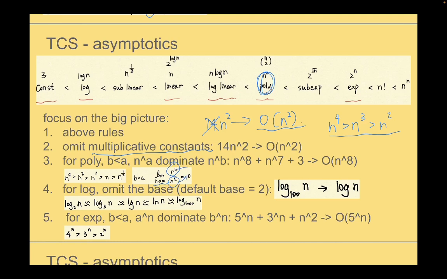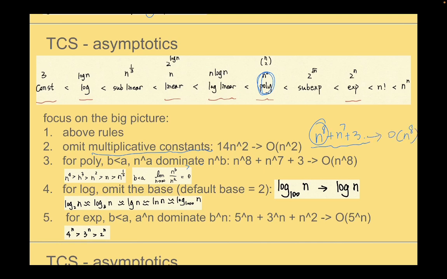This means that n to the b can be omitted. Okay. So n to the a dominates n to the b, right? And if I got an algorithm whose runtime is like n^8 plus n^7 plus 3, and we know that n to the 8 dominates the other parts, so we see that this is O(n^8), right?